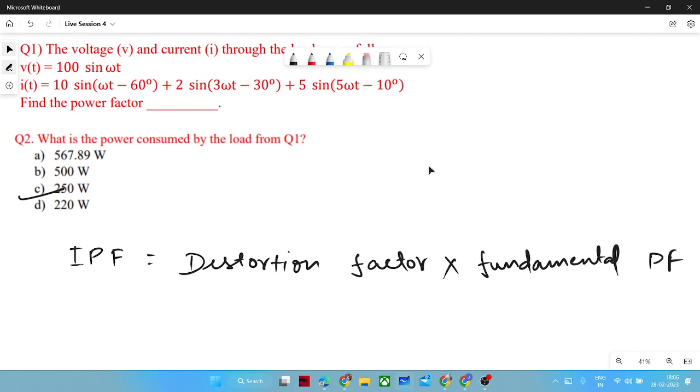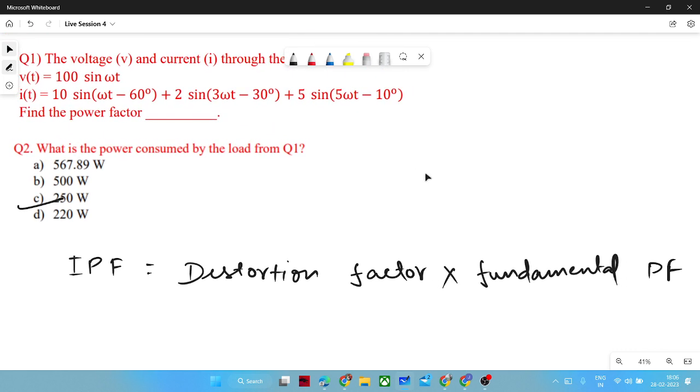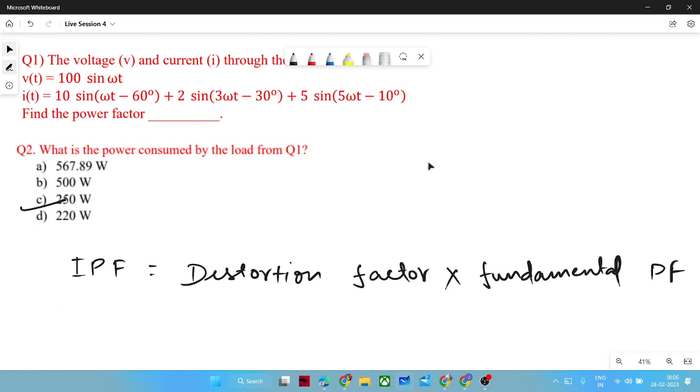So why distortion factor is coming out in picture? Any idea about why distortion factor is coming out in the picture? Because the current is not sinusoidal, it will reduce the power factor further. Yes, that's correct.